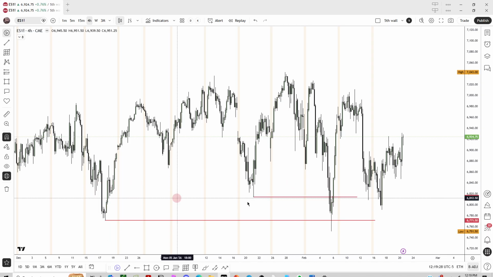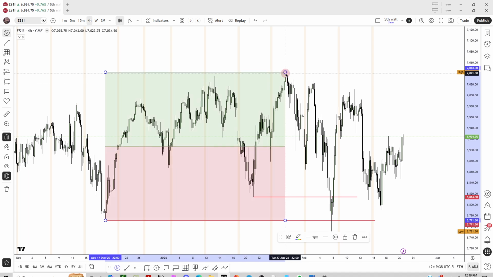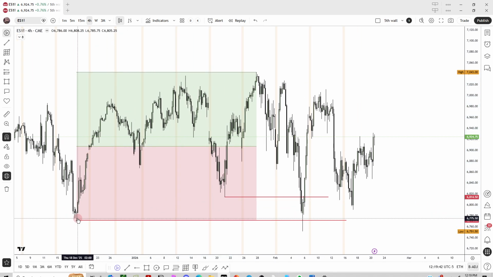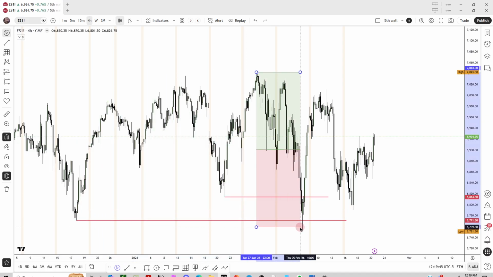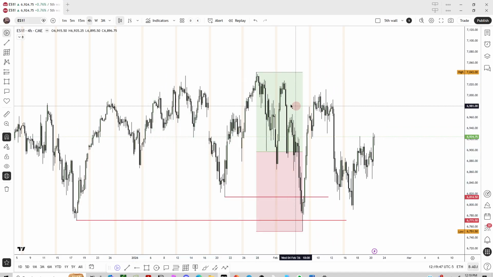You can do that way back here if you want. This was the dominant price range from here to here, until this stop run happened, and it became from here to here, the dominant price range for this week.